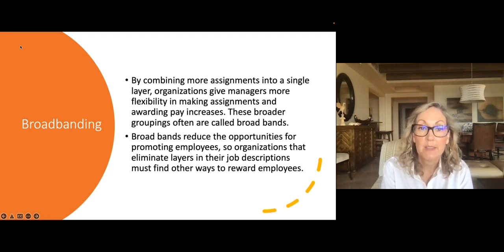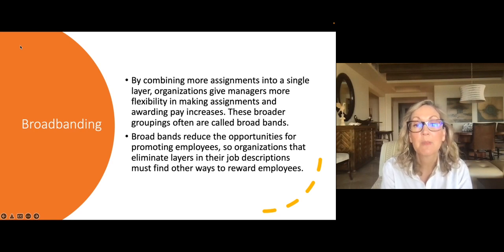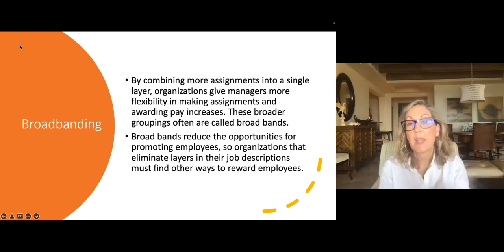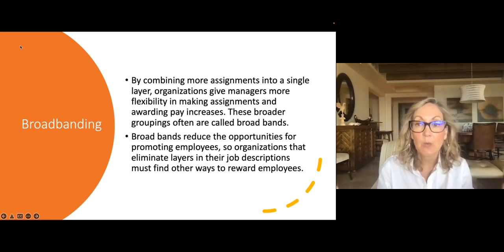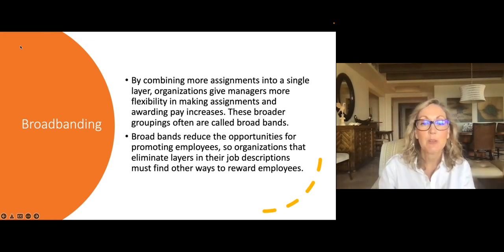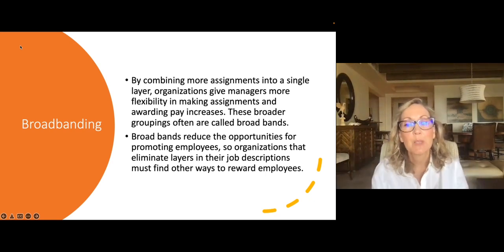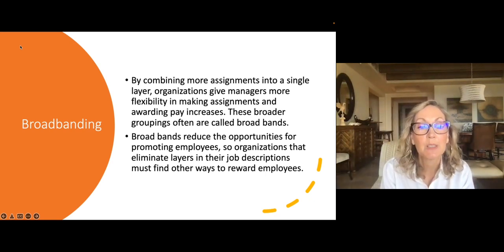And by doing this, organizations give managers more flexibility in making assignments and giving pay increases because you're still within the band. So whereas in a pay range, remember, that was based on a pay grade, and you only had that certain range. But if we made it bigger, there's a bigger range and I have more flexibility because I'm not going outside of my broadband to pay people.